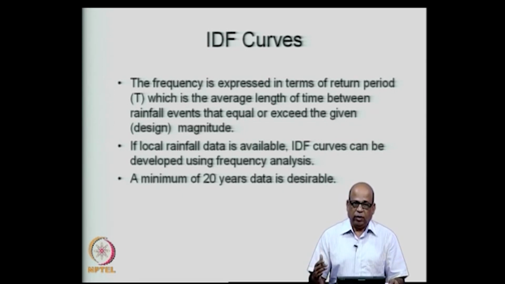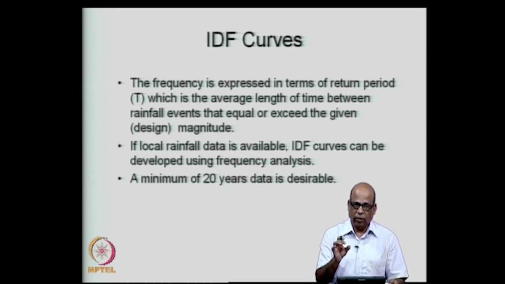Then IDF relationships we can develop based on the observed data. Let us say that you have last 30 years, 40 years of data of continuously monitored rainfall, or at least every half an hour you have monitored the rainfall, and then you have data for every half an hour for last about, let us say, 30, 40 years. We can use this data and then construct the IDF relationships. So, the basis for this is that you have the observed data.